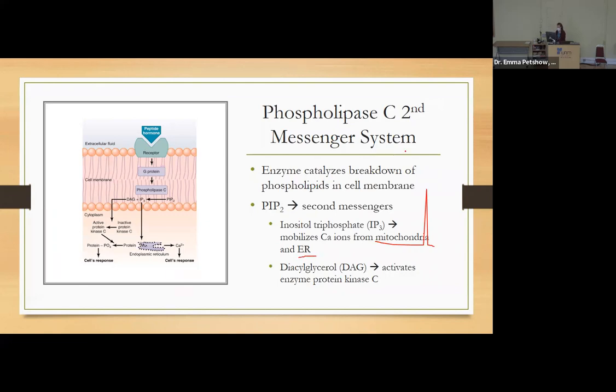So when thinking about the phospholipase C second messenger system, think about calcium release internally within the cell that's going to stimulate that cascade of enzymes. Versus your cyclic AMP system is going to be G proteins, use of energy, protein kinases, phosphorylation that's going to stimulate that enzyme cascade.